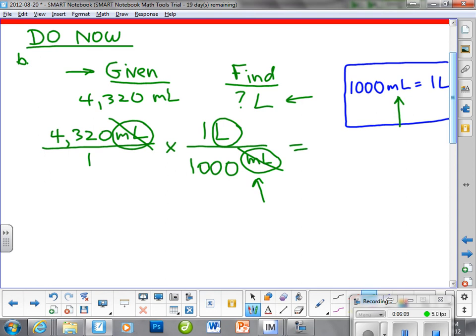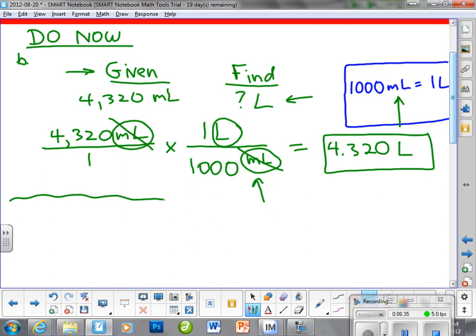So now all I have to do is divide the 4,320 by the 1,000, and that gives me 4.320. And what do you think the unit of measure is? Liters. Yes. The liters, and there's our answer. Does that match what the find has? Yeah, it matches perfectly.